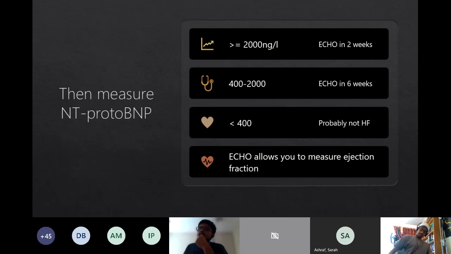So do you guys know of any possible causes of a falsely low BNP? That's one. Obesity is one of them. Yep, that's another. ACE inhibitors is another cause. I'm not sure about renal failure. I shall check.